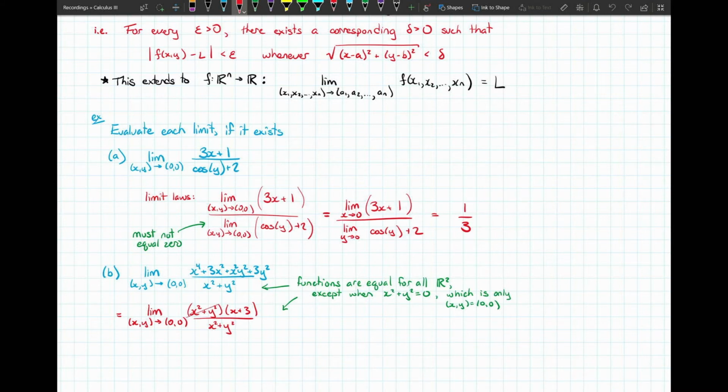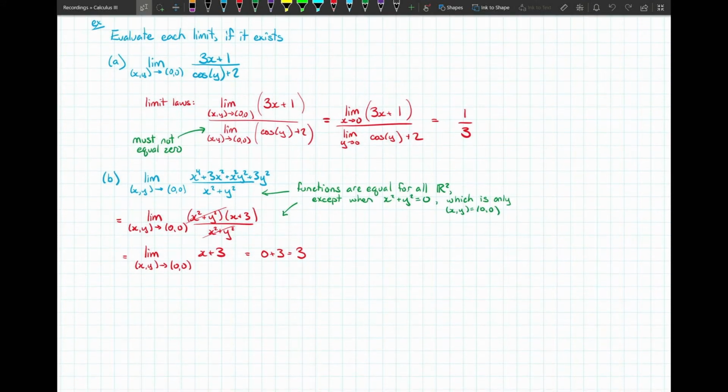We're going to get rid of this x squared plus y squared in the numerator and in the denominator, and that just leaves us with the limit of x squared plus 3 as x and y go to 0, 0, and that gives us the value 3. That only works in this case just because these two functions are exactly the same everywhere around the point 0, 0. All right, well, let's do one more example, and this one's going to be a little more challenging.